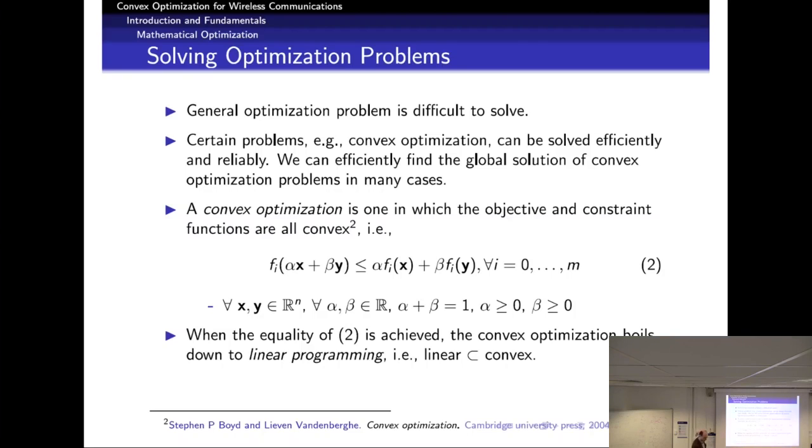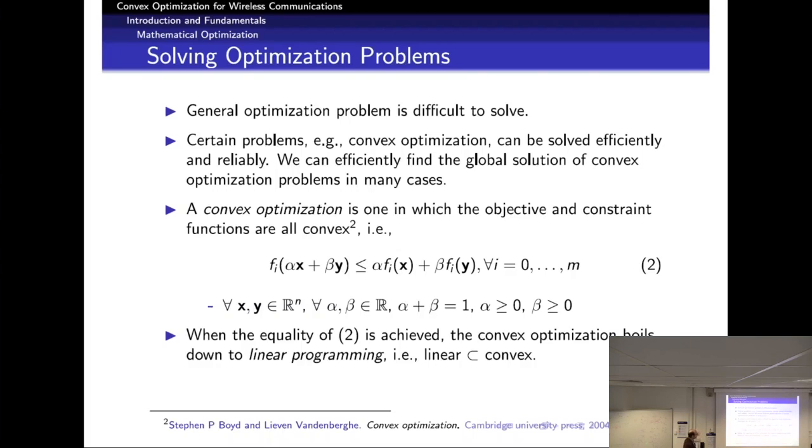The interesting thing is that if you show that a problem is convex, you know that you can find the global solution. So that's why it's interesting to know whether a problem is convex or not. For instance, the water filling solution is the global optimum solution to a particular convex optimization problem that is very relevant in communication.